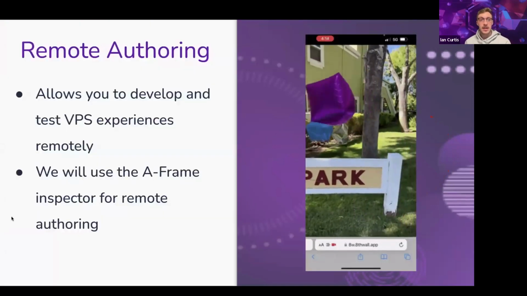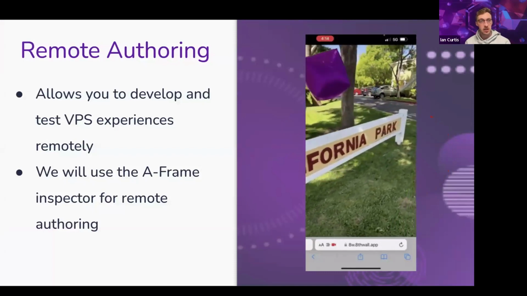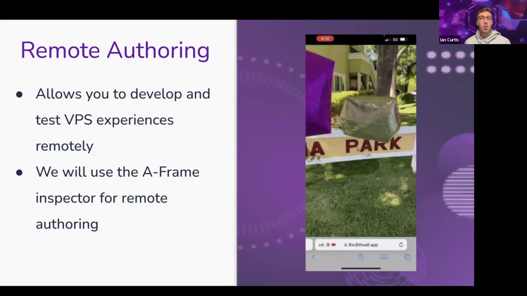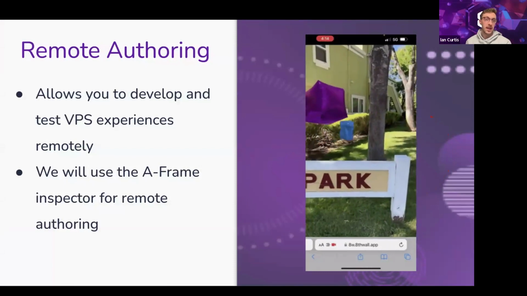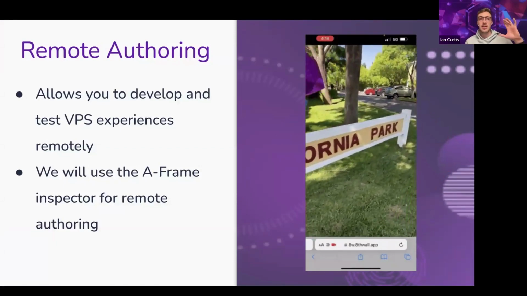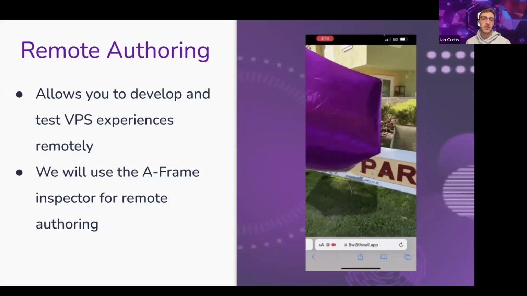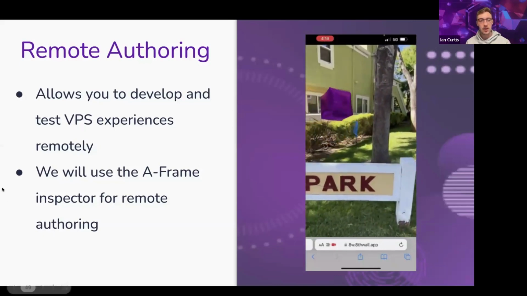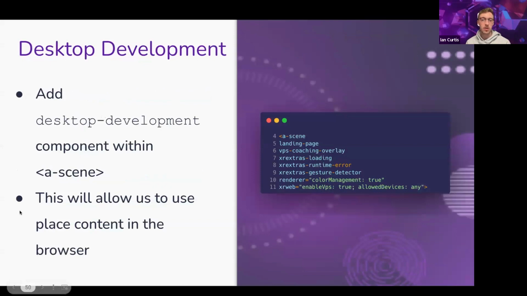And what's really nice about this is with private VPS meshes, yes, you can test those at home, but if you want to see a wayspot from the real world and be able to position objects within that wayspot, remote authoring really helps with this because you're able to see the mesh and then you can move 3D objects to position them correctly depending on that 3D mesh. And so we will be using the A-Frame inspector for remote authoring, which is a really helpful tool. And all you have to do is add the desktop development component within your a-scene.